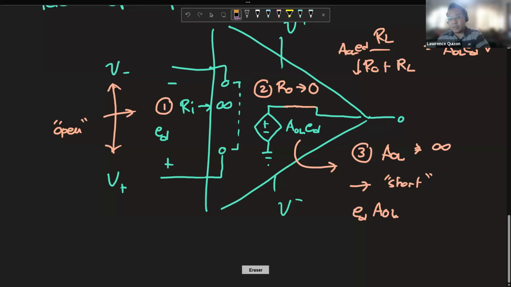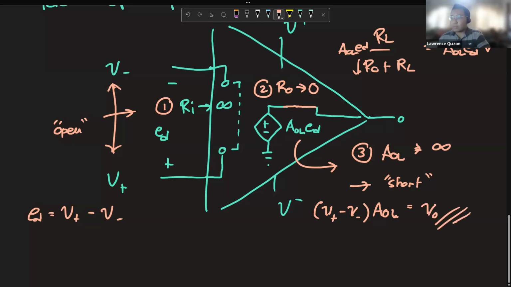Or we can do a little bit of circuit manipulation, no? To show na non-inverting minus inverting times ito, no? Remember, ED is just non-inverting minus inverting, no? So we can show that this thing, which is equal to V out, for finite V out, which is always true, no?